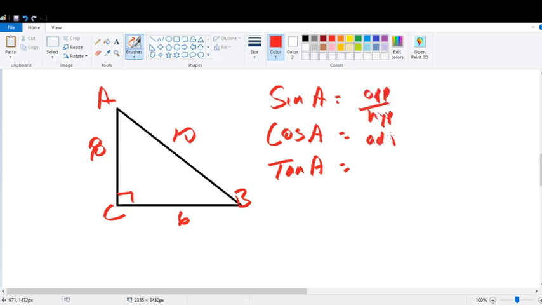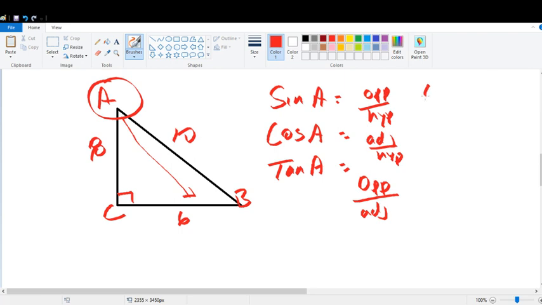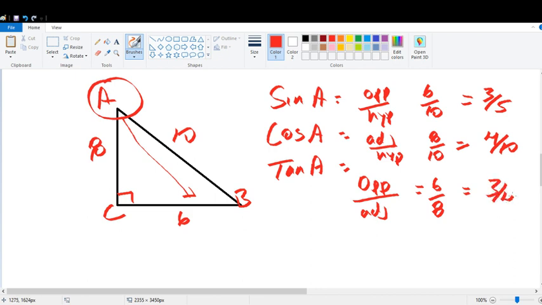Cosine is adjacent over hypotenuse, and tangent is opposite over adjacent. So let's start with this angle, A. Opposite to that will be 6 over hypotenuse 10, which is equal to 3 over 5. Cosine is going to be adjacent, so 8 over 10, and we know that equals 4 over 5. Tangent will be opposite over adjacent, and that equals 3 over 4.